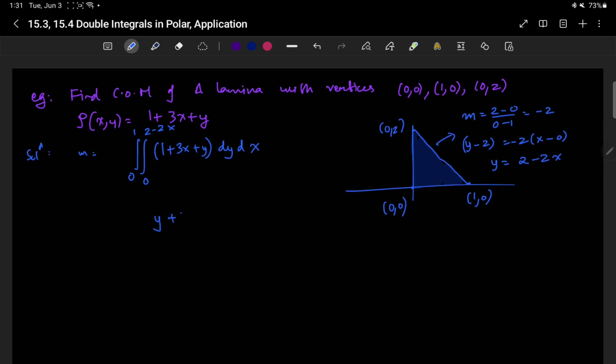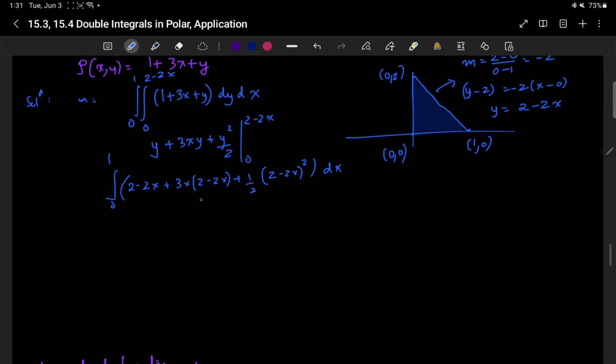We get y plus 3xy plus y squared over 2, from 0 to 2 minus 2x, which becomes (2 minus 2x) plus 3x(2 minus 2x) plus 1/2 (2 minus 2x) squared. There's also a dx involved with this, from 0 to 1. So this will require some algebra, which I'll do here on the side.